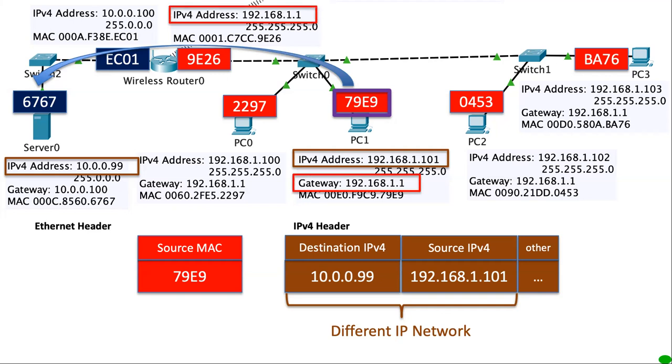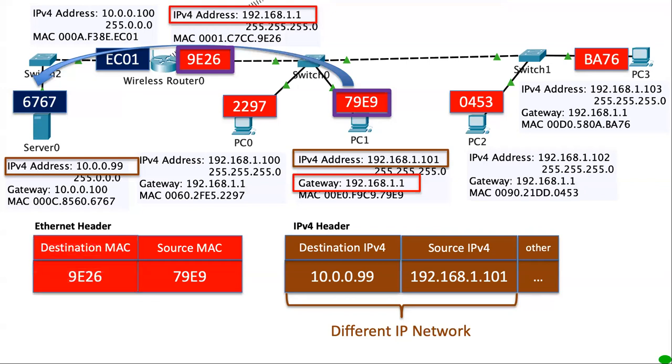We won't talk about this here, but it does determine the MAC address of the local router, the default gateway, which is 9E26. So this is going to be the destination MAC address. It will be the MAC address of the default gateway, the local router on that network.